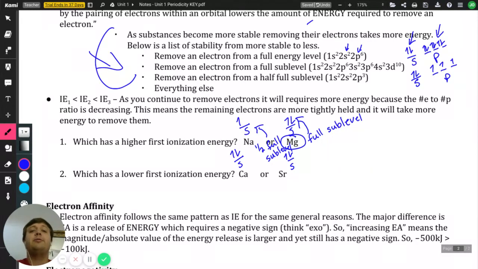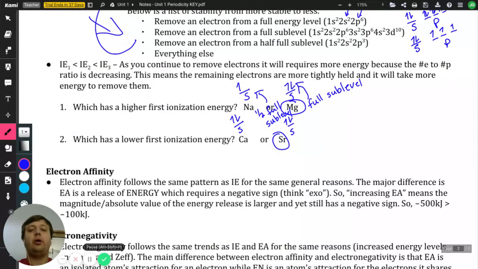Because as I move further away from the nucleus, my effective nuclear charge, that pull from the nucleus, is going to decrease. So since I'm further away with strontium, it's going to take less energy to remove that electron. Strontium is further away from the nucleus, and as a result, it takes less energy to take that away.